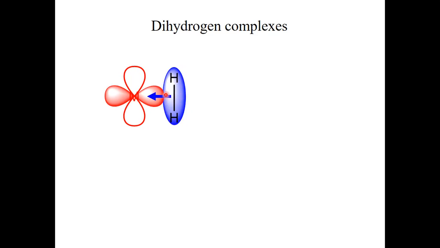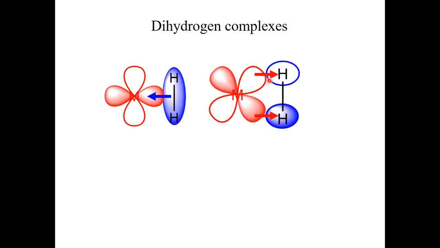However, in addition to that, the H2 molecule has also the sigma star orbitals, okay, which are antibonding. And you see these sigma star orbitals have suitable pi orbital overlap with metal d orbitals. So therefore, the dihydrogen molecule can also make pi acceptor interactions with the metals as well.